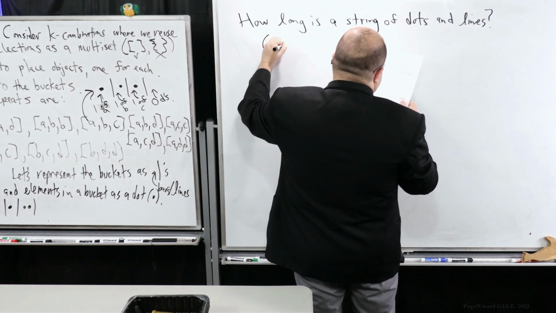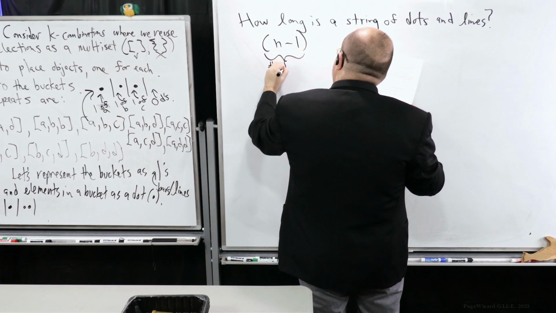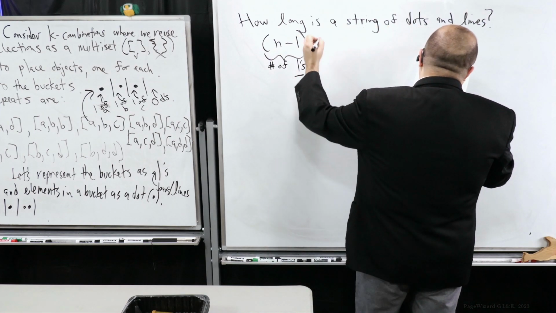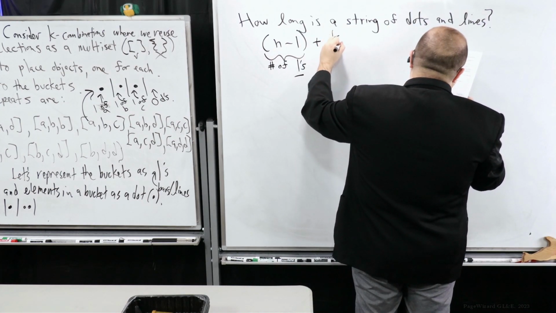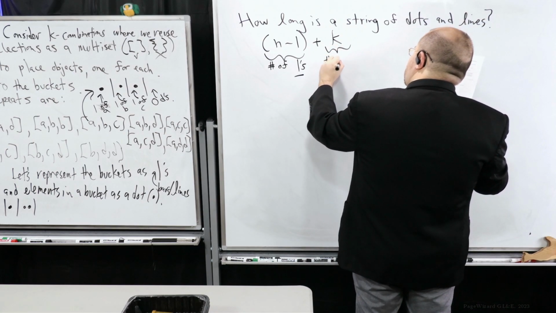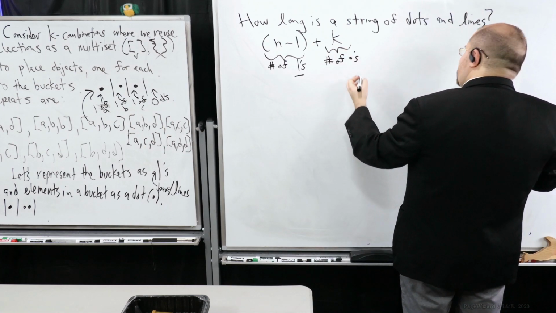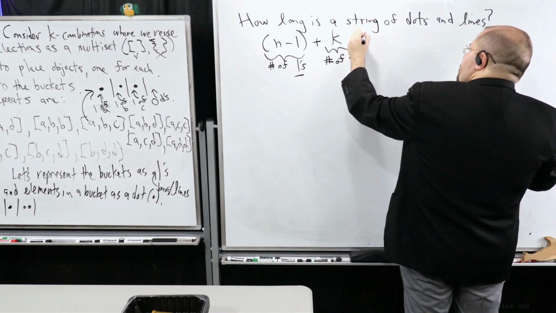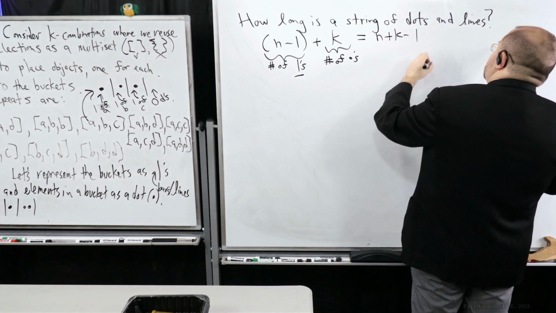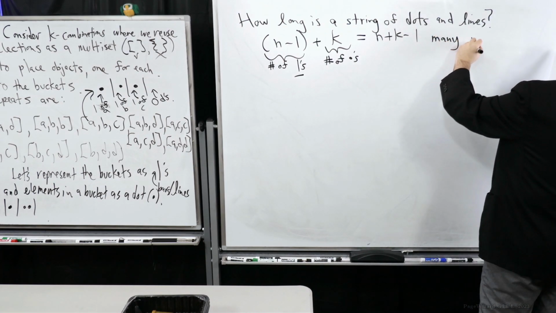So this is the number of bars or lines, plus k, which is the number of dots, right? We always have k of them in there. Which I'm just going to rewrite as n plus k minus 1. So there's this many positions in the string always.